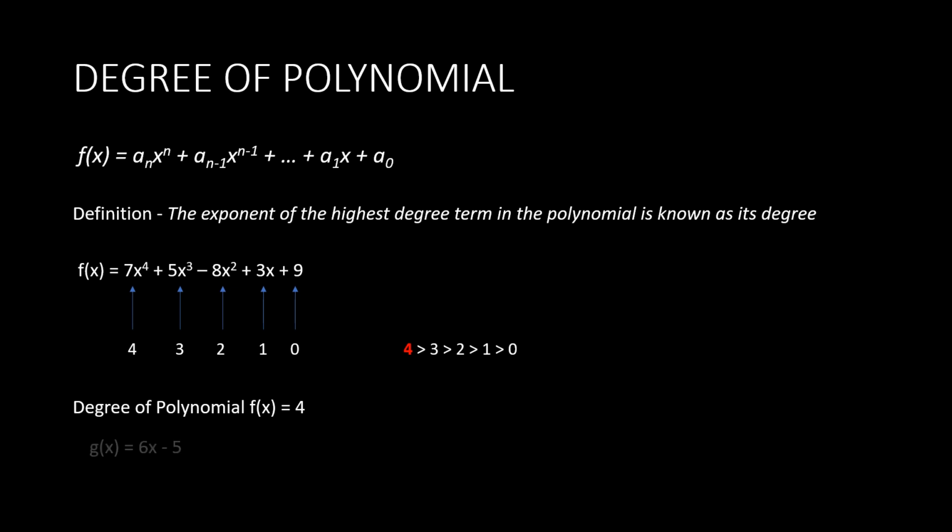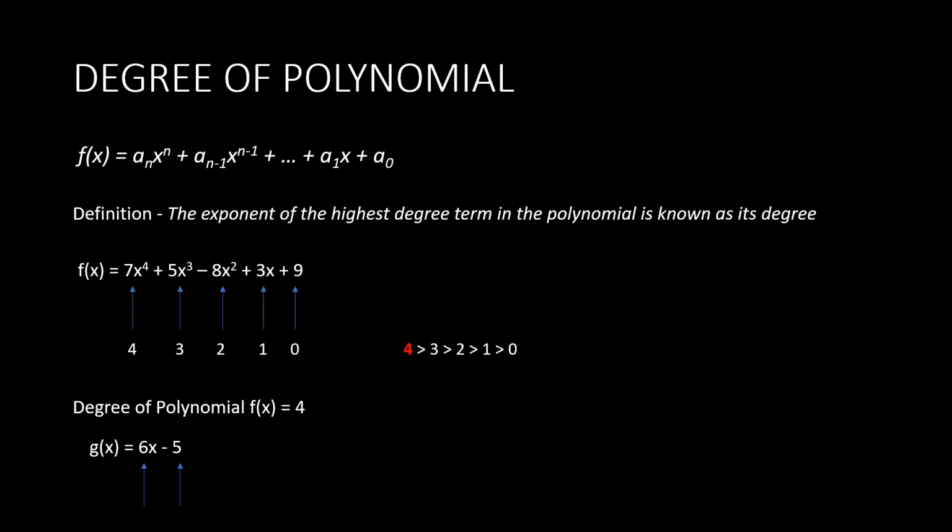Let's do another example. Let's take the polynomial g of x equals 6x minus 5. Here I have taken g of x instead of f of x because we already have taken that in the previous example. So here we have two terms, right? We have 6x and we have negative 5 that make up a polynomial.